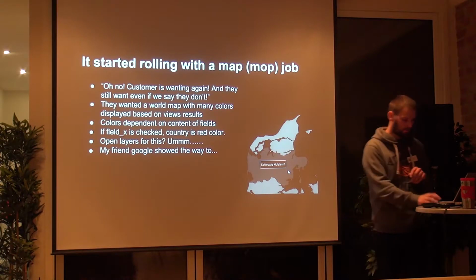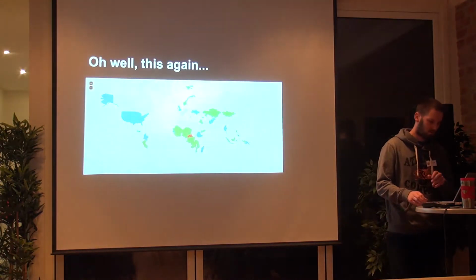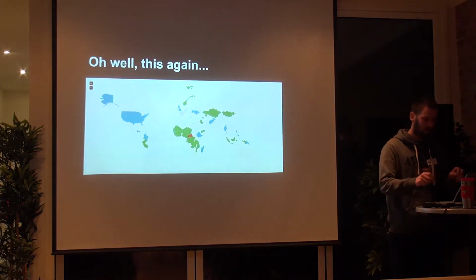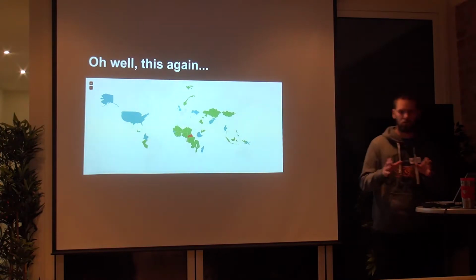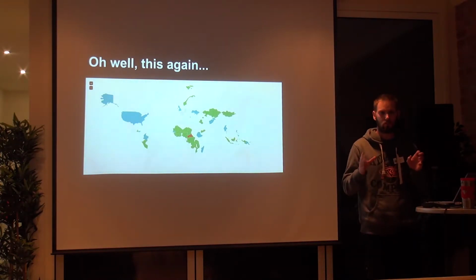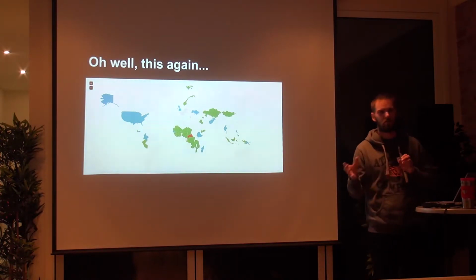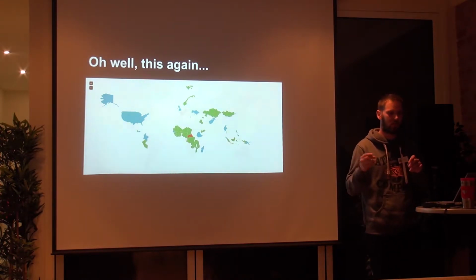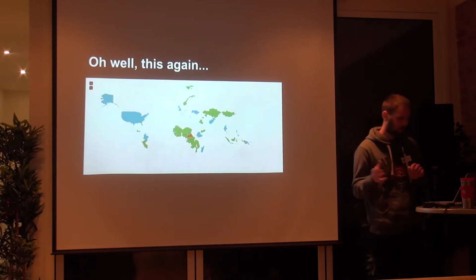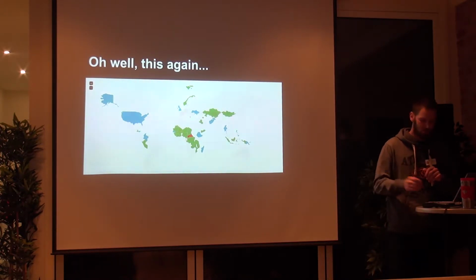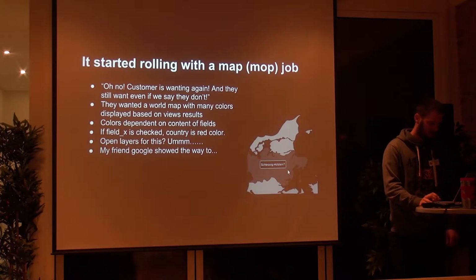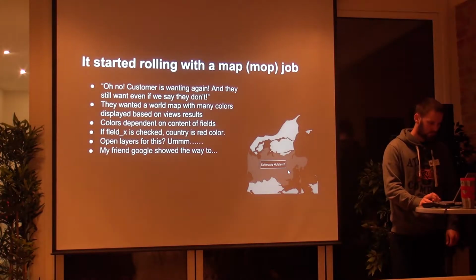So the map itself linked to different countries, and based on fields on the entity, on the country node, it should change colors immediately when you saved this node. So views was in the picture.